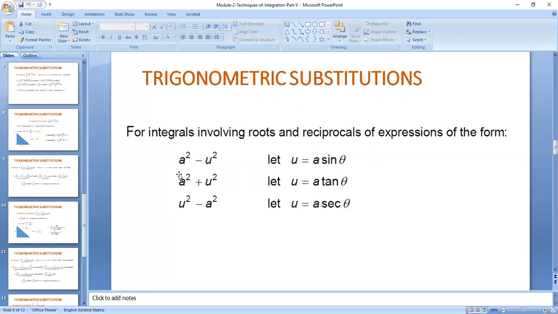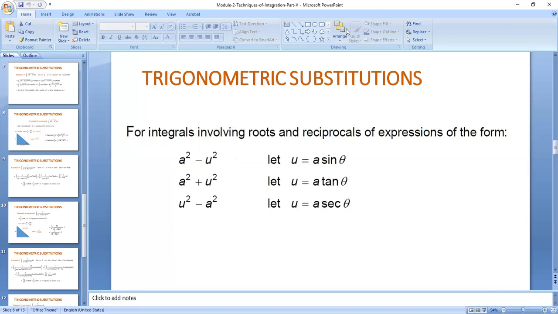So one expression is you have a real number, that's the a squared here. You subtract from it the square of u. u is, of course, like x or y, so any variable that is being squared. Now in here, you are to use the substitution equation u, whatever is your u here. If it's x squared, so this would be x. x is equal to the square root of the real number that you have here.